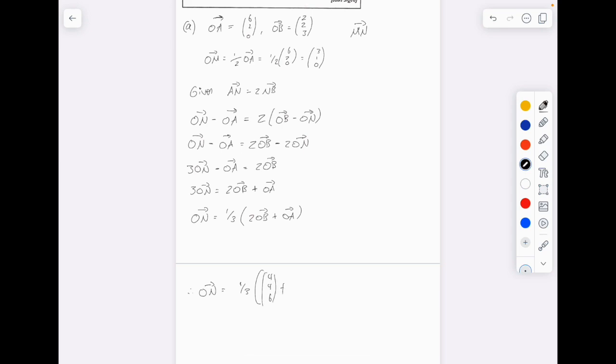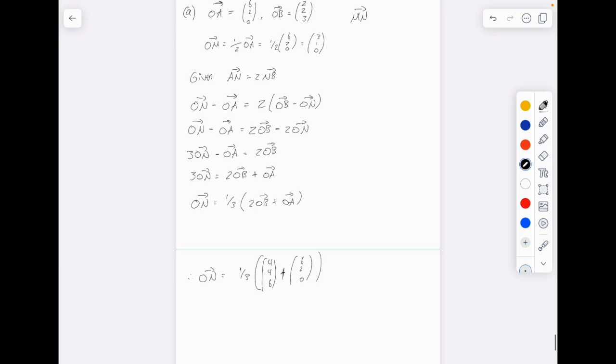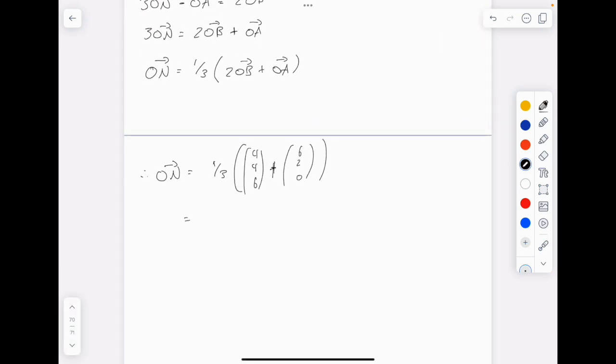Plus OA, 6, 2, 0. Okay, which gives me what? Which equals a third of 10, 6, 6, which gives me 10 over 3, 2, 2. Brilliant. So that's ON.